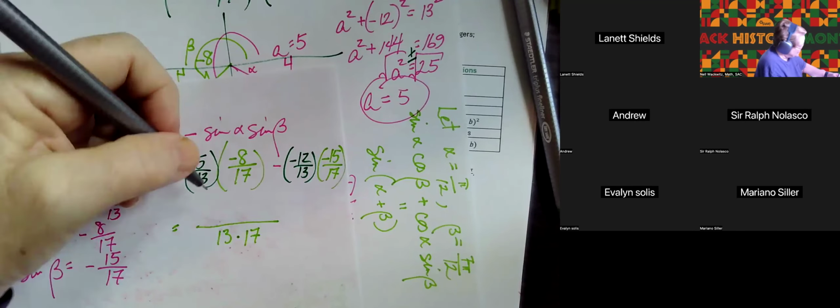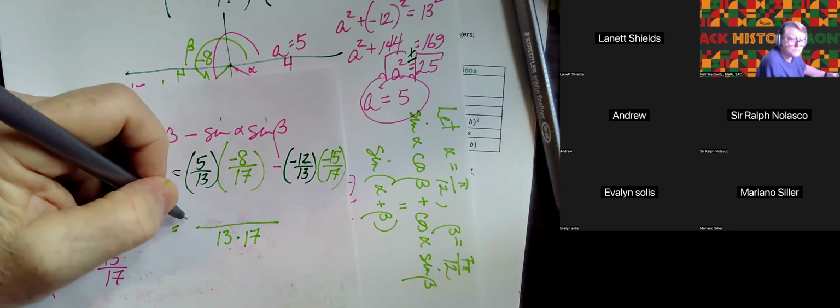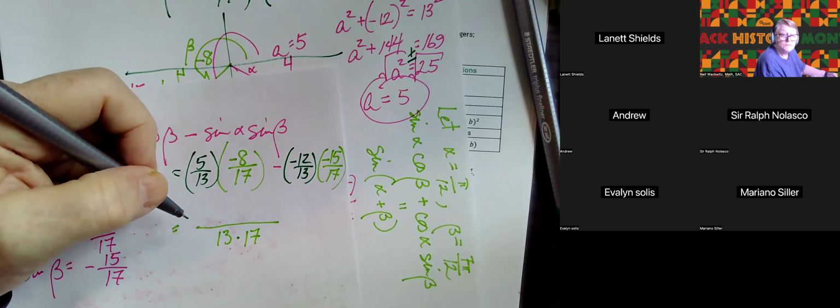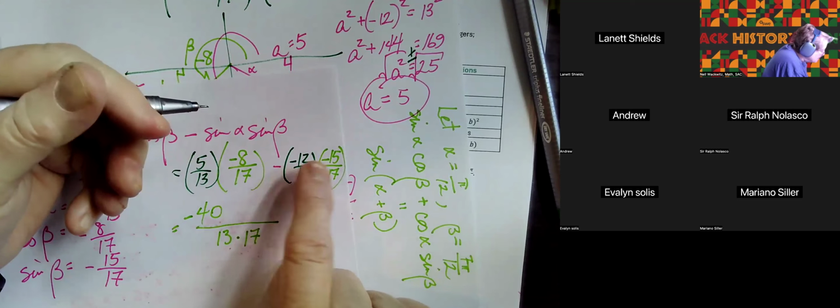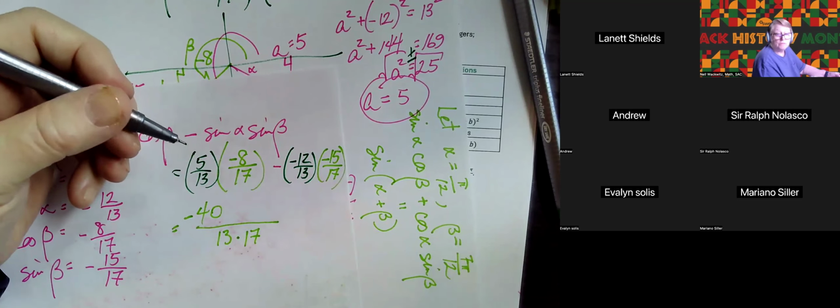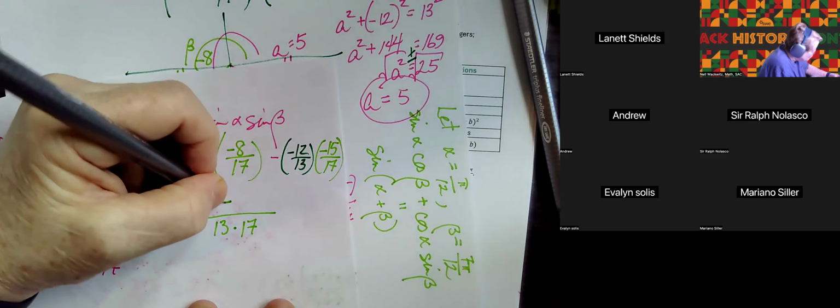Eight times 5 is 40, and we have a negative times a negative times a negative. So we're left with negative. Good.